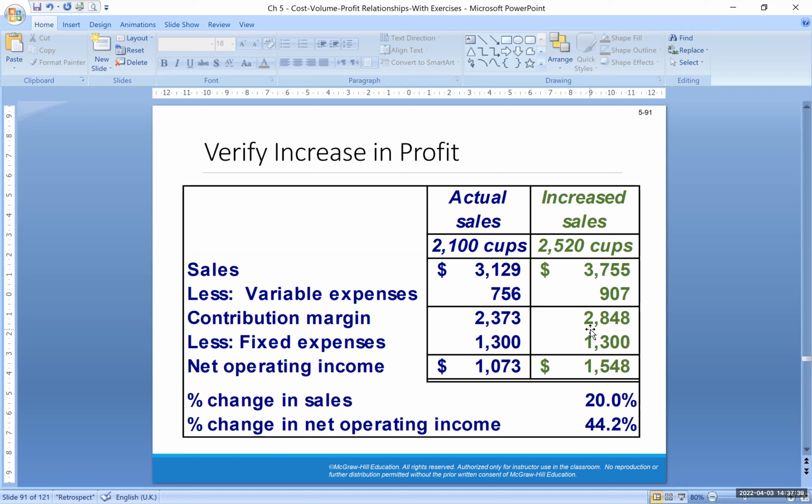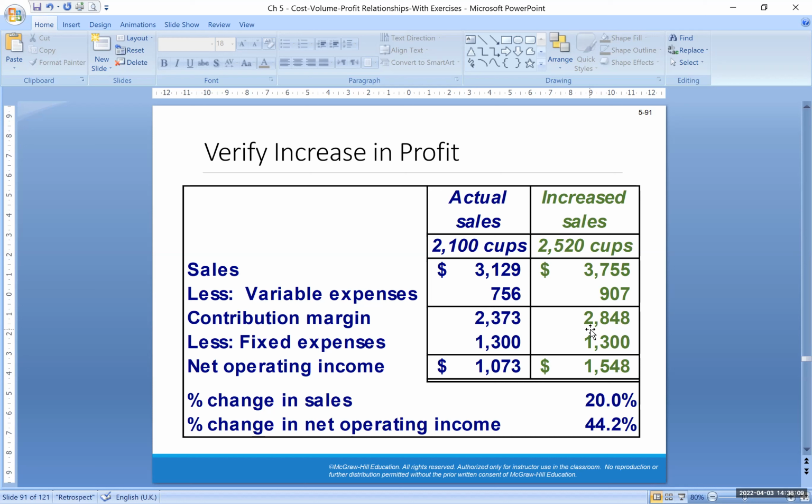So the new volume to be sold will be 2,520, which is 2,100 plus 420. So 2,520 cups multiplied by 1.49 equals 3,754.8, rounded to 3,755.